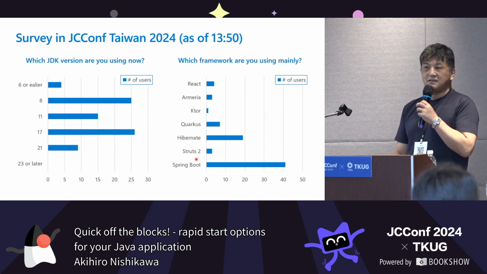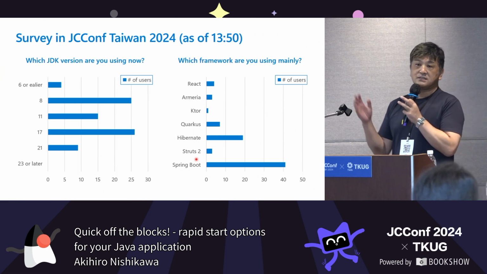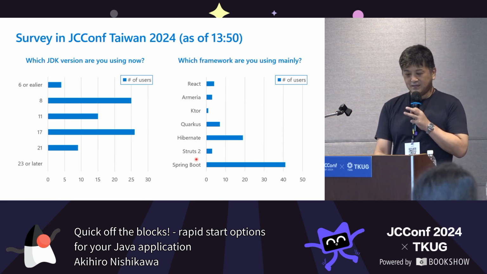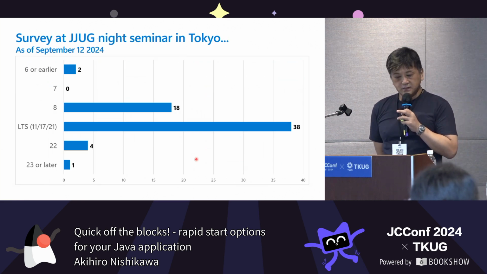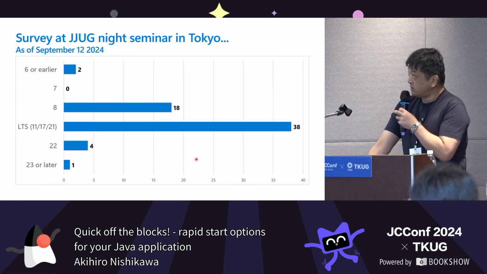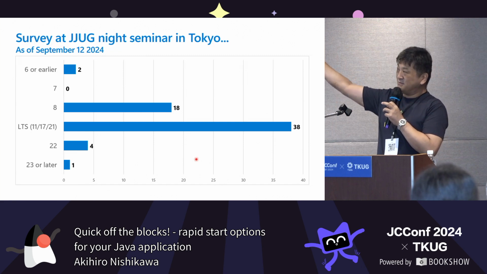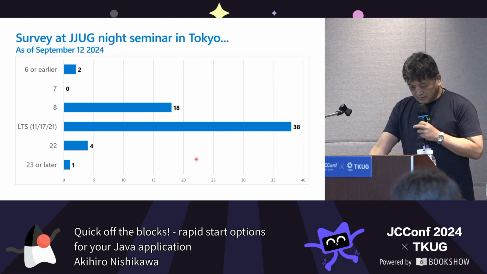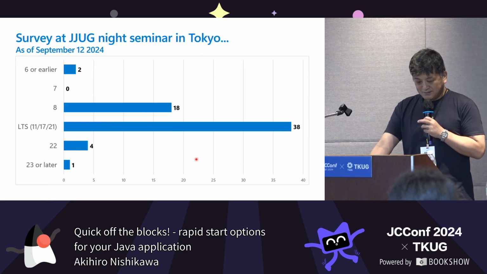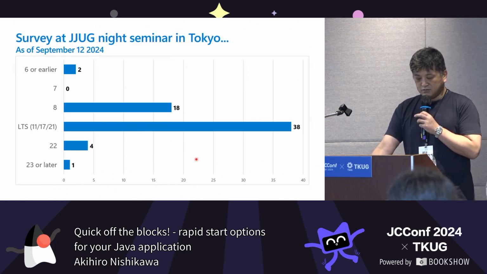Yes, and I asked the same question in Japan. And this is only JDK version. 6 or earlier is still maybe developed for work, and for 23 or later, maybe an early build version is being used.